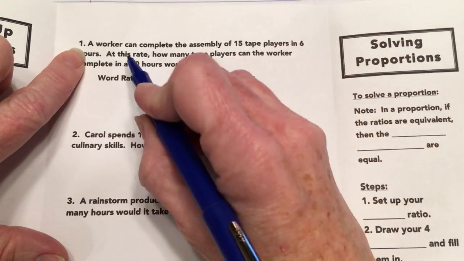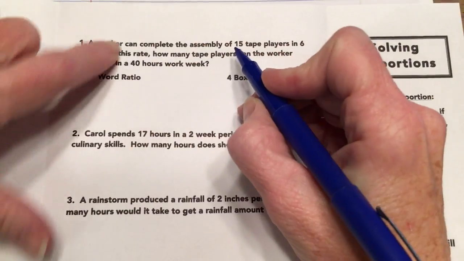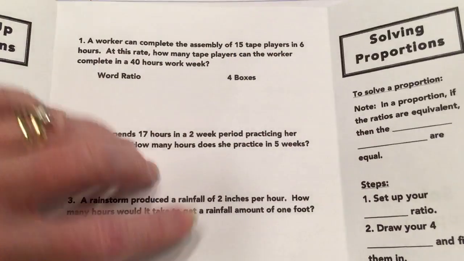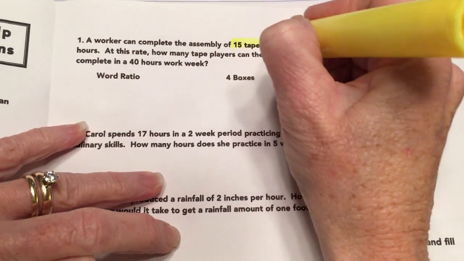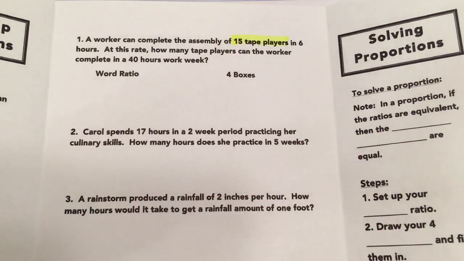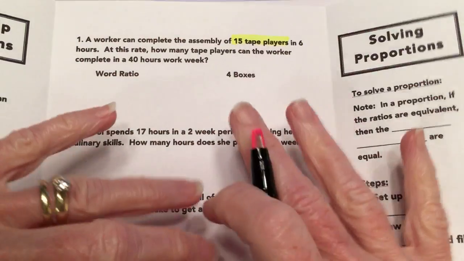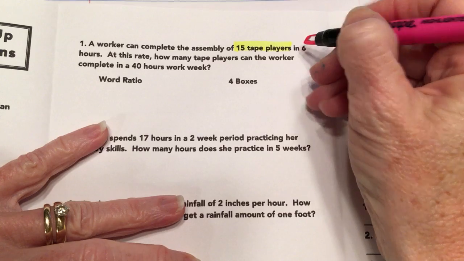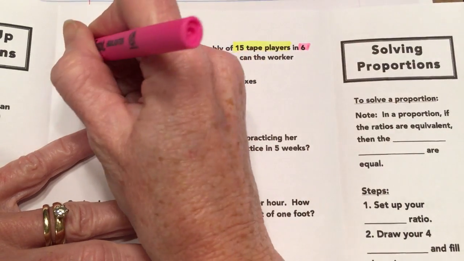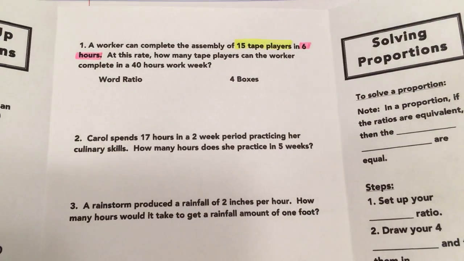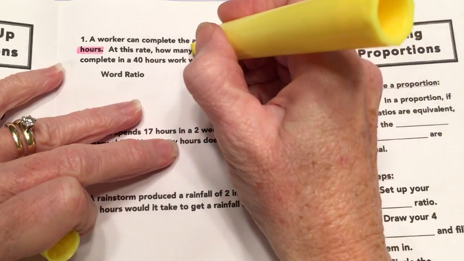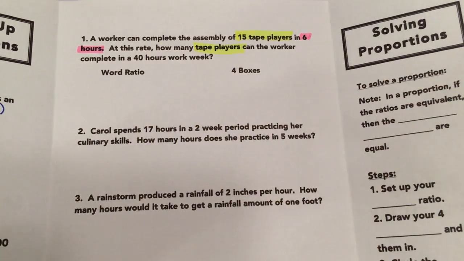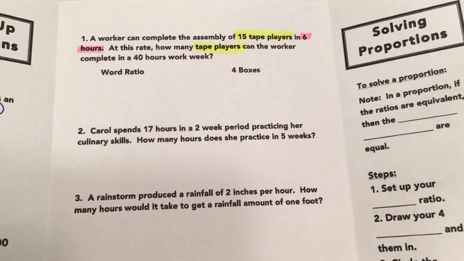So in this first sentence right here, it says a worker can complete the assembly of what? 15 tape players, okay, in 6 hours. So I'm going to highlight it so maybe it'll stand out to you, in 6 hours. Okay, and I want to know how many tape players can the worker complete in 40 hours?